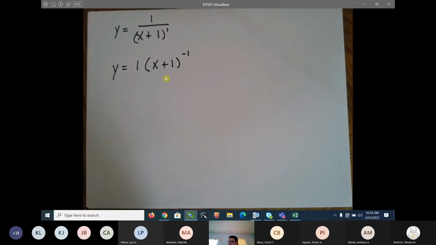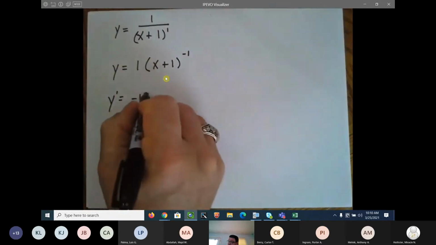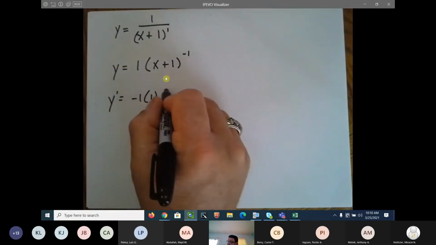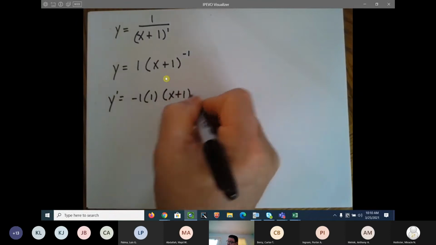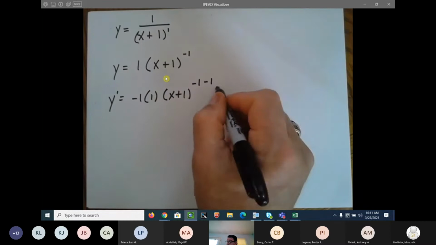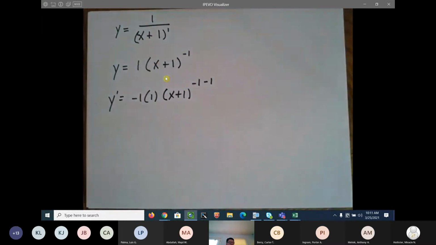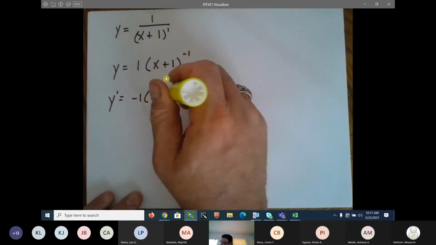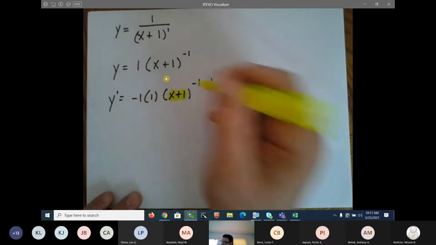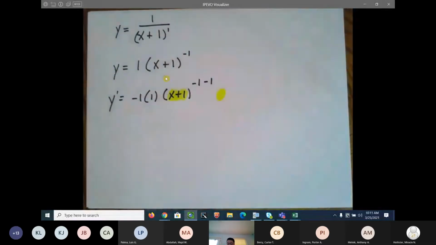Now I'm going to take the derivative. Negative 1 times 1 times x plus 1 to the negative 1 minus 1. And what is the derivative of what's inside? Luckily it's just 1, so I'm going to highlight, because with the chain rule I have to remember to take the derivative of what's inside.